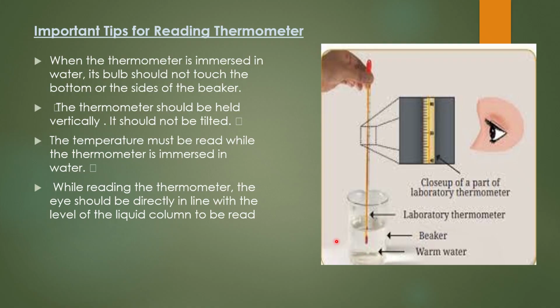The thermometer should be held vertically. It should not be tilted. It should be kept straight. The temperature must be read while the thermometer is immersed in the water, right? While reading the thermometer, the eye should be directly in line with the level of the liquid column to be read.